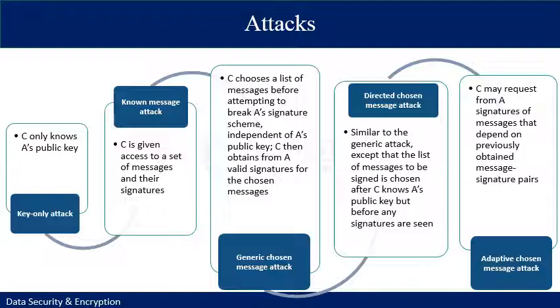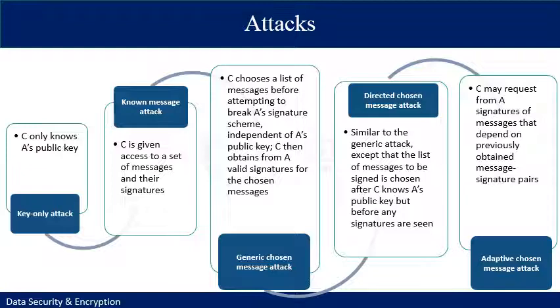The attack is generic because it does not depend on A's public key. The same attack is used against everyone. The next kind of attack is the directed chosen message attack. It is similar to the generic attack except that the list of messages to be signed is chosen after the attacker knows A's public key but before any signatures are seen.